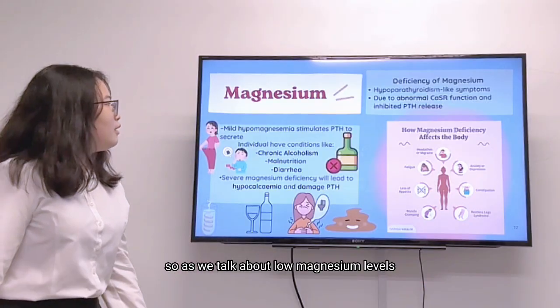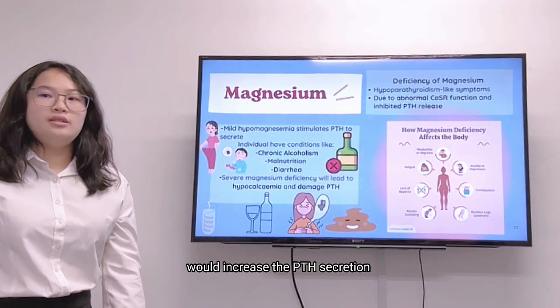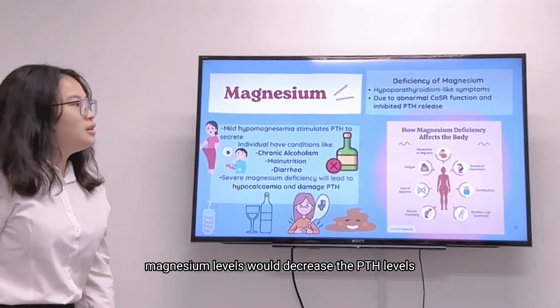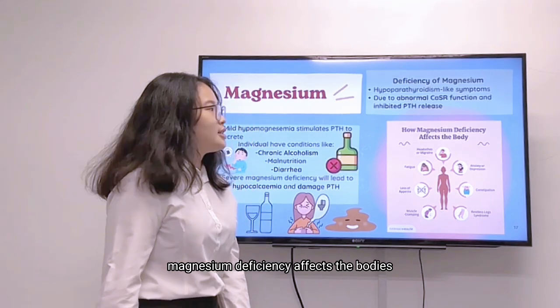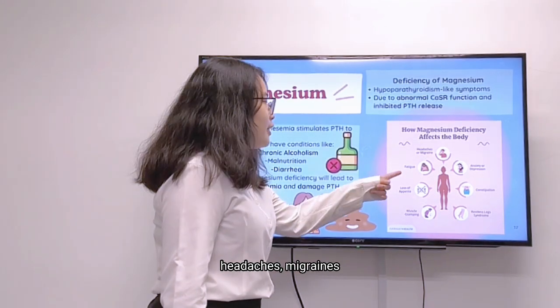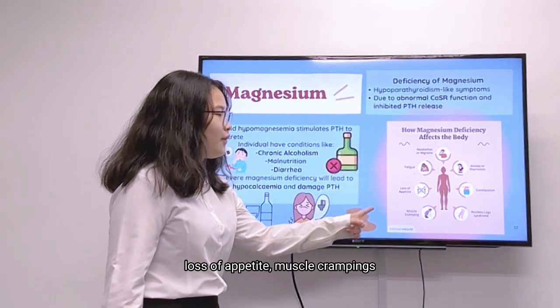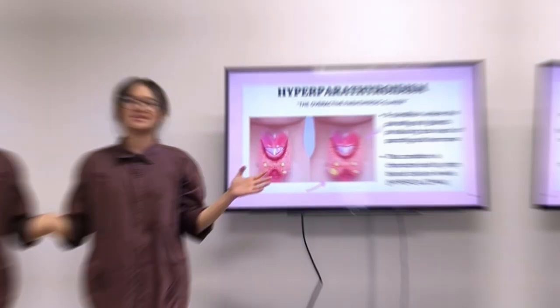So as we said, low magnesium levels would increase PTH secretion, and high magnesium levels would decrease PTH levels. There are some signs and symptoms of magnesium deficiency in the body: headaches, migraines, fatigue, anxiety or depression, constipation, loss of appetite, muscle cramps, and restless leg syndrome.